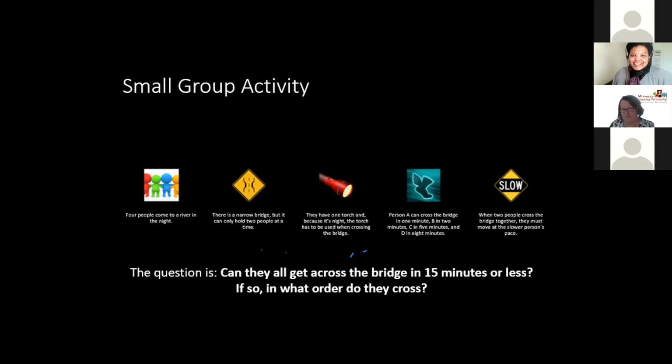They are. You have to have the torch every time you cross. Have you solved it? No. I'm still a few minutes off. The answer is you leave person D behind, right? We leave no one behind. Everybody goes.